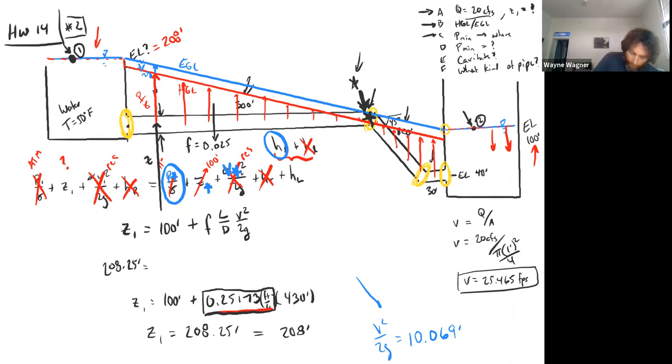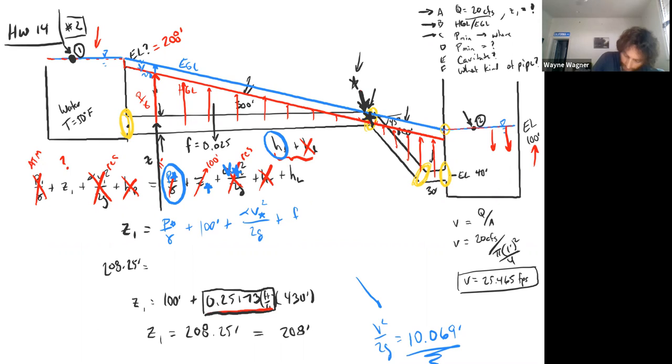So let me put in the intermediate step here. We've got P star on gamma, that's what we're looking for, plus 100 feet plus alpha V star squared on 2G. Luckily, V star squared on 2G we've already solved for.